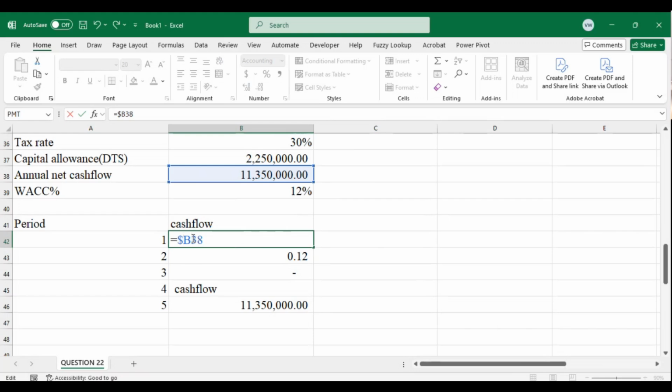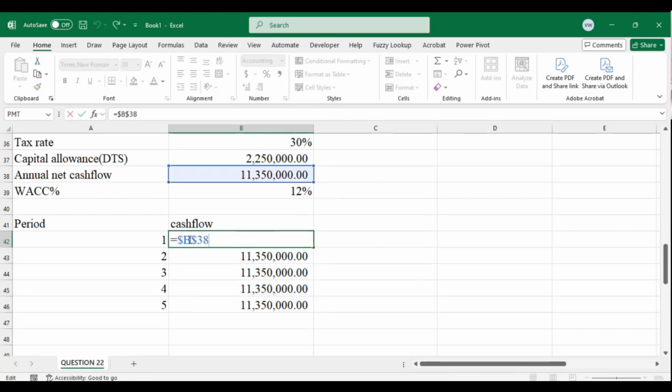So I move to the next cell and I insert the $ sign just before 38. So in that case, it means I've locked column B and row 38, and that is still okay.